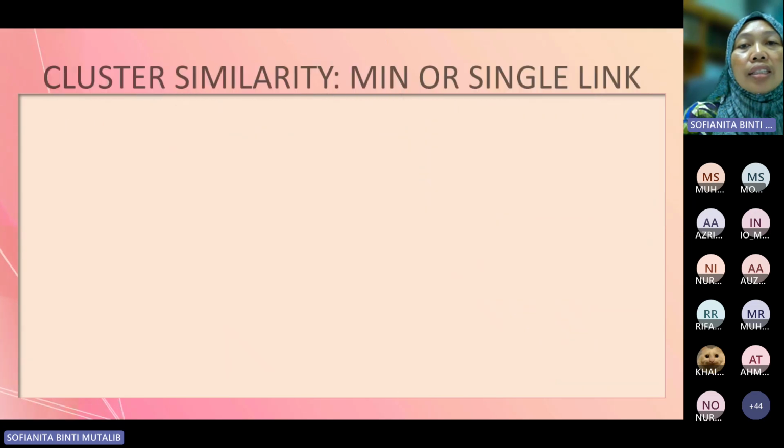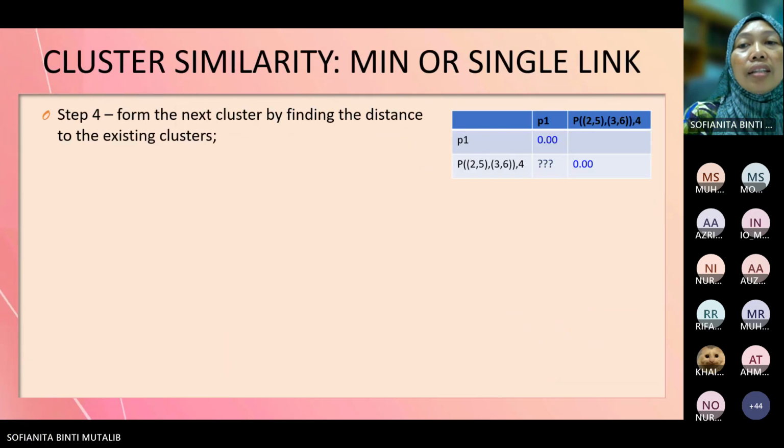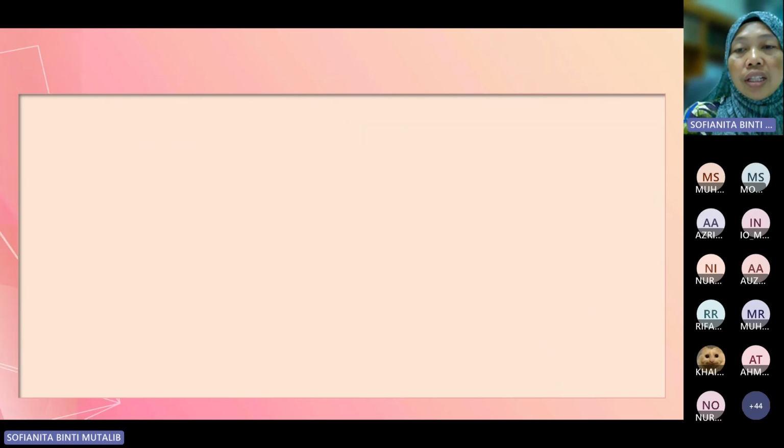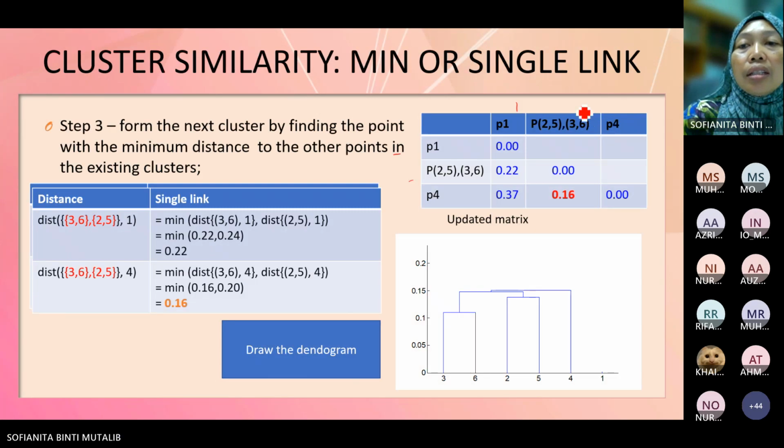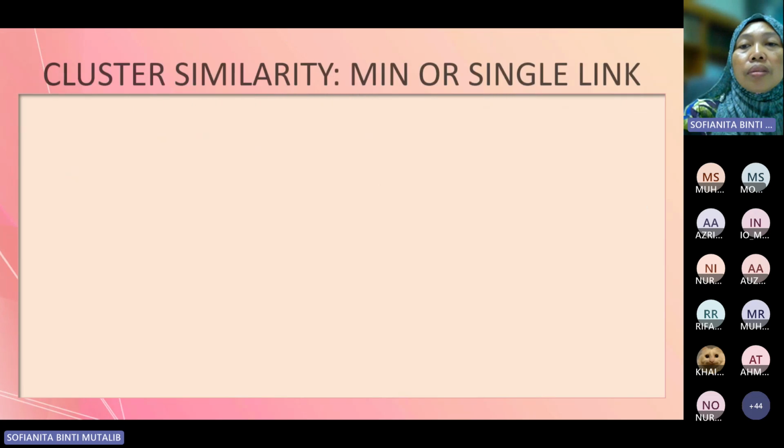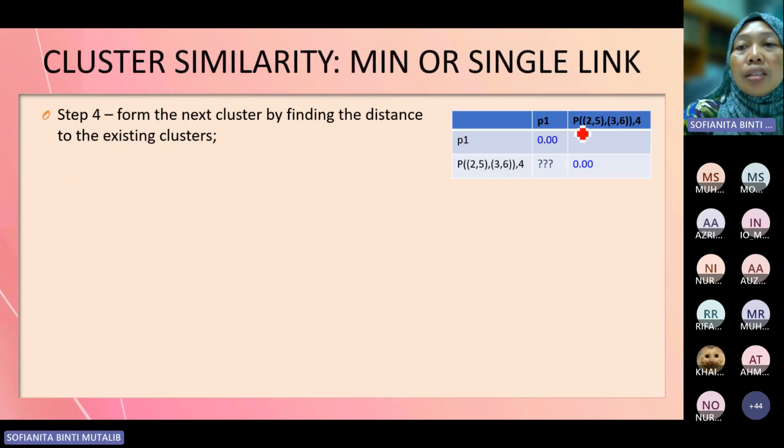Okay, next it's like this. Because we have already identified that this cluster has to be merged with this cluster. So as you see, this is the newly formed cluster. This is the value that we have calculated, right?